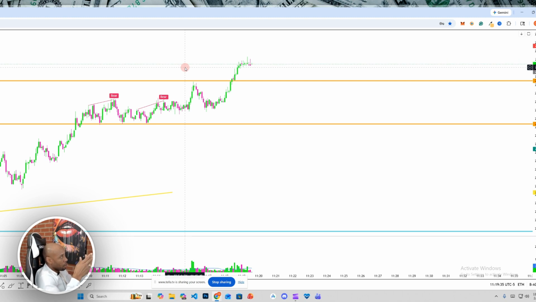But the minor is if I see a support or resistance level, right? How can I put it?